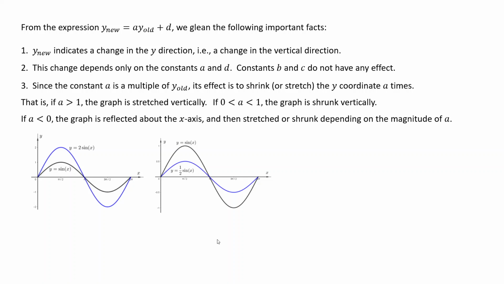All right. If A is less than 0, the graph is reflected about the x-axis and then stretched or shrunk depending on the magnitude of A. So here we have the original y equals sine x. And if you're looking at y equals -1/2 sine x, the negative immediately causes this to flip about the x-axis. And because of the 1/2, it gets shrunk, right?